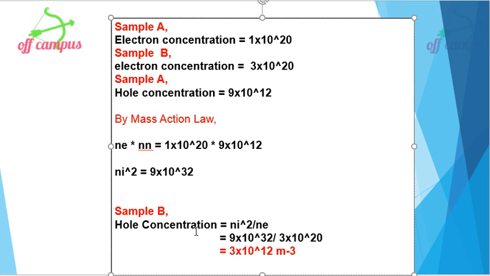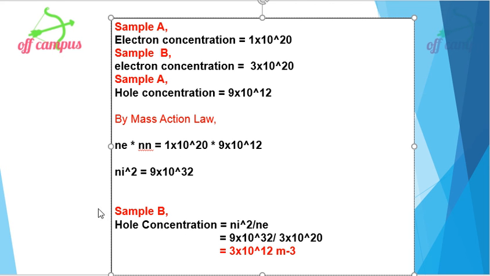We need to find the hole concentration, so Nh equal to Ni squared divided by Ne.